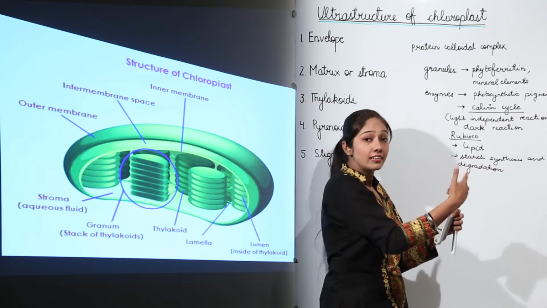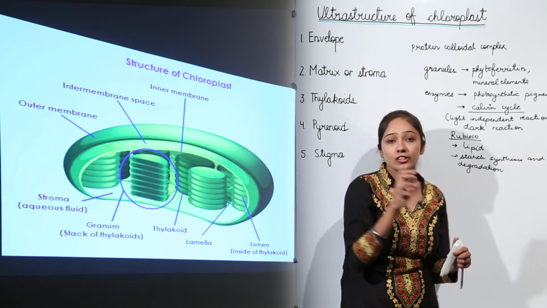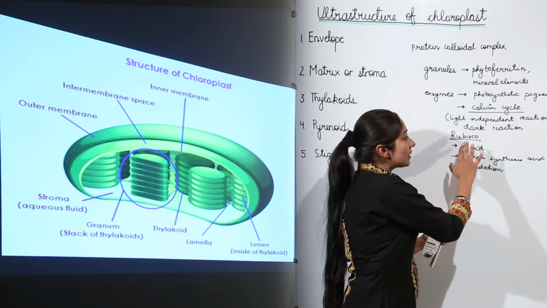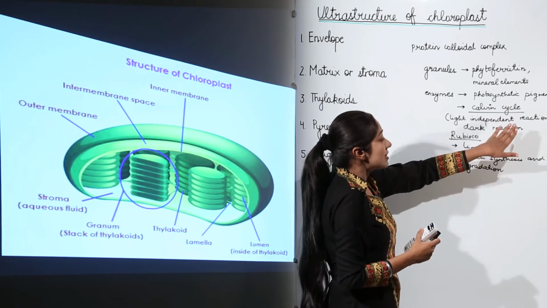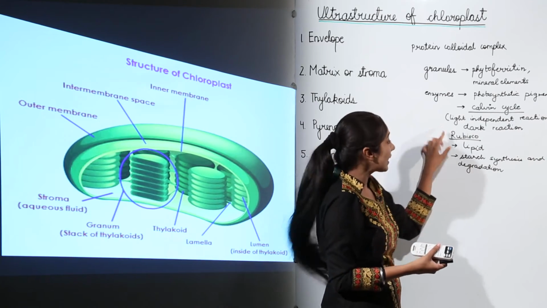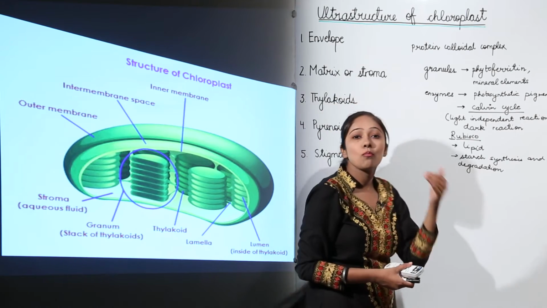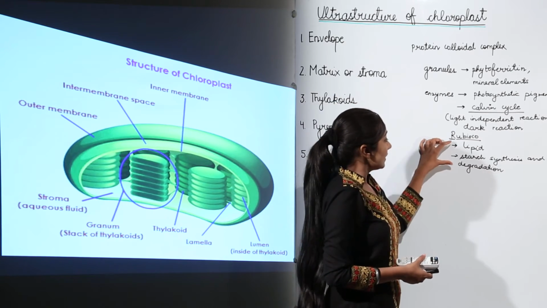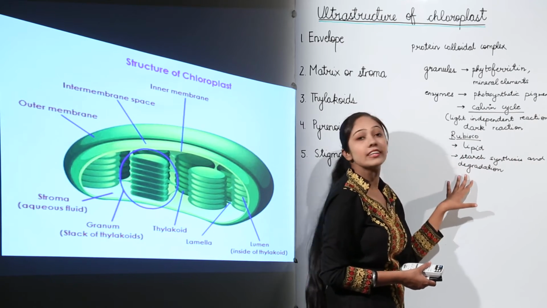Why we call it better as light independent, we will discuss later when we discuss the Calvin cycle and these processes. So remember that this reaction is also known as the dark reaction, and it is facilitated by the very important key enzyme, Rubisco. These enzymes are present in the matrix or the stroma of the chloroplast. They also help in lipid and starch synthesis and degradation.